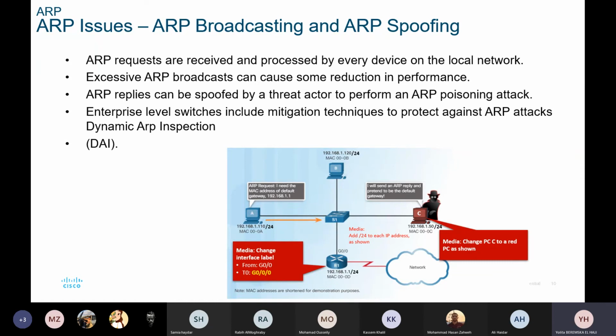Dynamic ARP inspection is not part of CCNA 1, but the idea is that we know in advance the MAC addresses of the known end devices in our network, and we don't allow any other new MAC addresses.